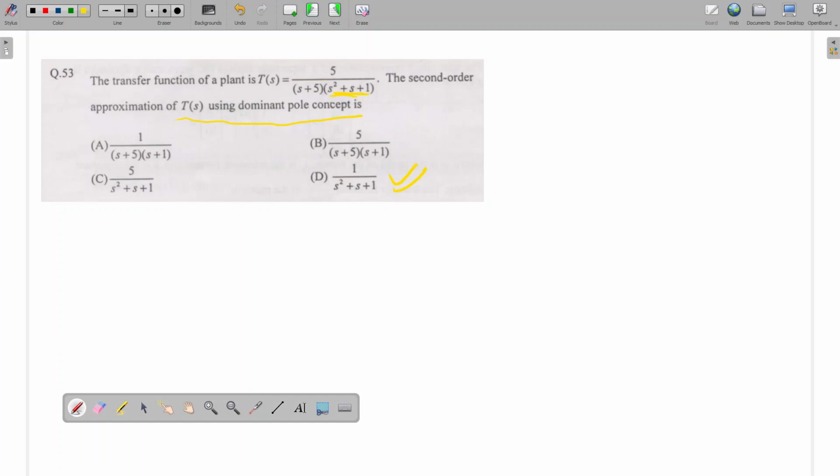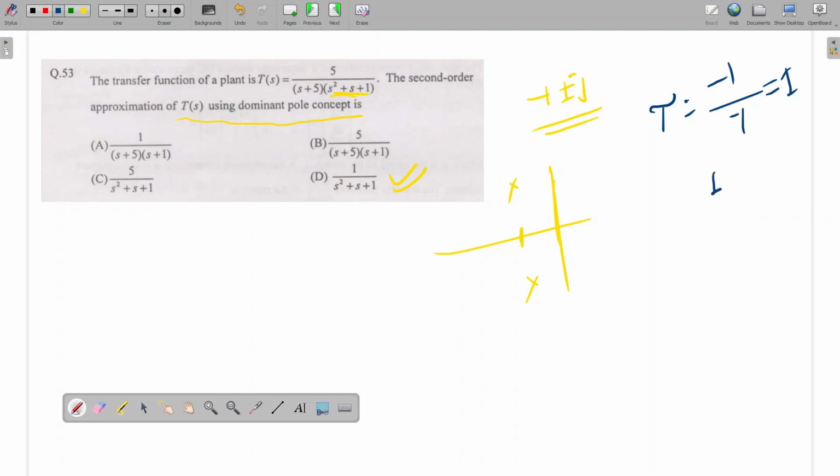The poles are minus 1 plus or minus j. If the time constant is asked, the time constant is tau equals minus 1 divided by the real part of the dominant pole, so minus 1 by minus 1, that is 1.